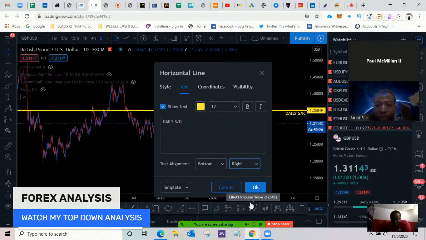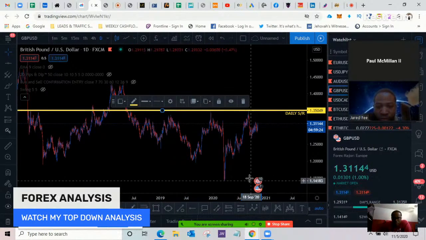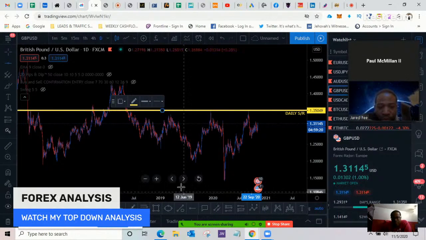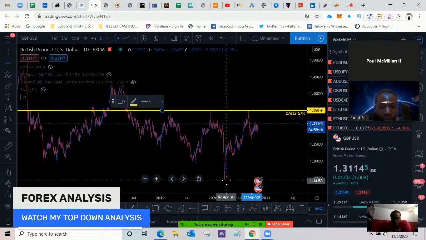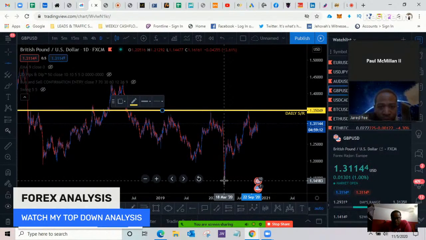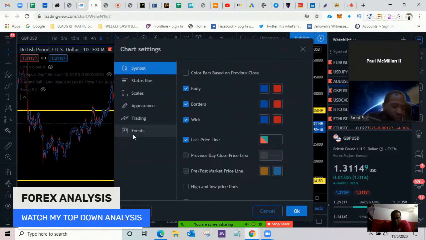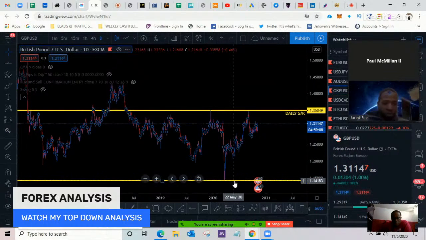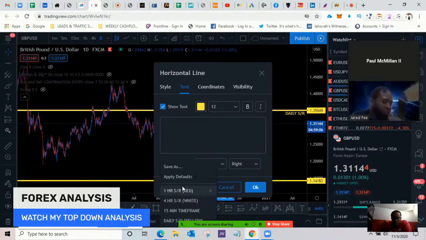So that way we can understand exactly what price is doing on these different time frames, because that helps you to identify market structure. Then of course the lowest, really technically it's right here. So we'll just put that. So now we know exactly what price is doing on the daily.